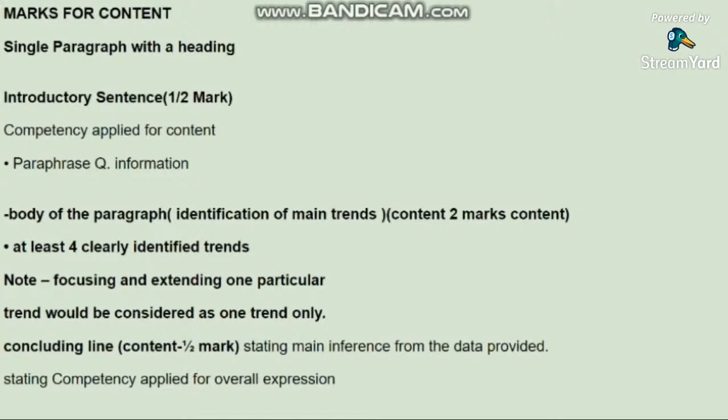The content marks are again divided. The introductory sentence is of half a mark, body of the paragraph 2 marks, and the concluding line is of half mark. So when you write your paragraph, be careful that it has a topic sentence, it has the information given in the question, it has the clues and the graph, whatever is given, the information related to the question, and then the concluding line, your final summary of the paragraph.